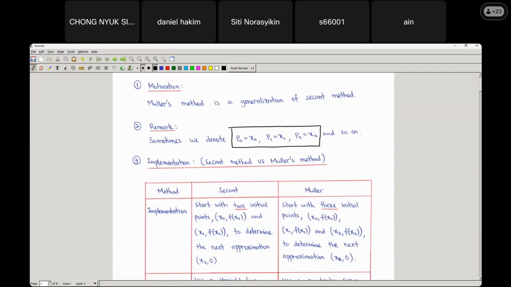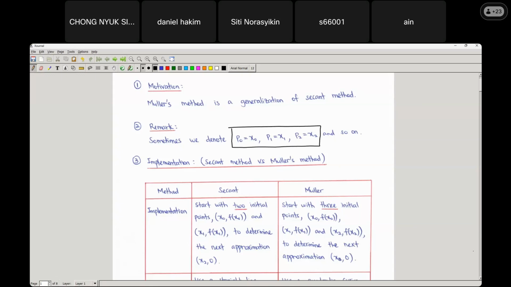Some textbooks use p to represent the point, some use xy to represent the point. So in our case, if the textbooks you have seen use p0, they are actually referring to x0, p1 refers to x1, and p2 refers to x2.